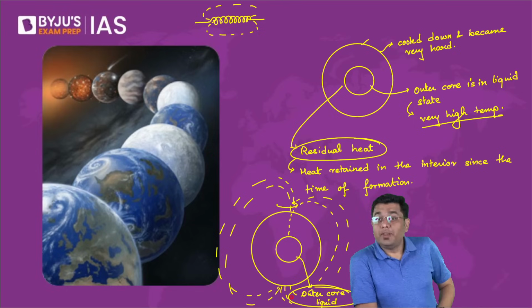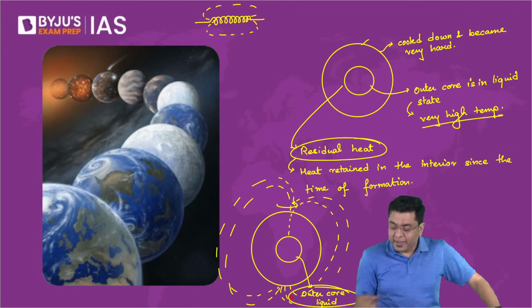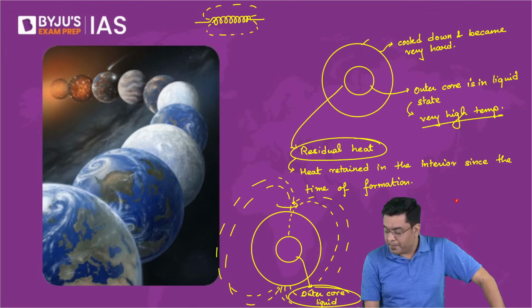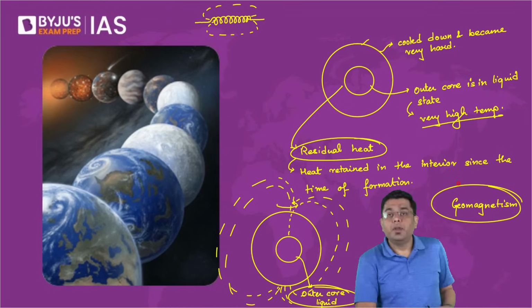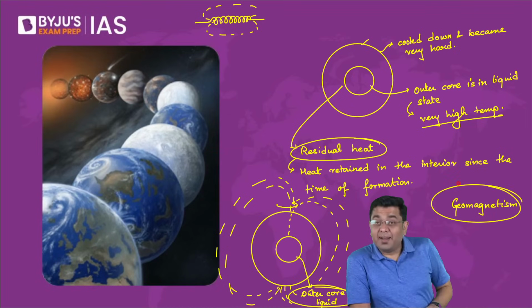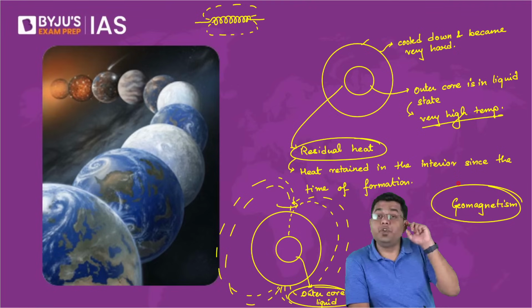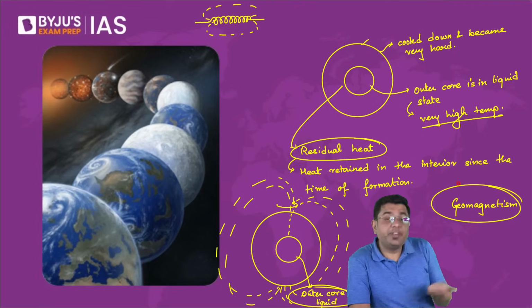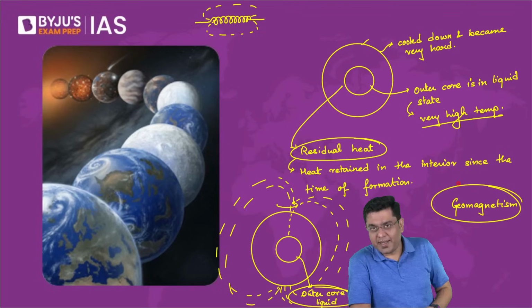Now, that is what is referred to as geomagnetism. That is magnetism exerted by Earth itself. That is what is geomagnetism. So, this is how the magnetic field is created.